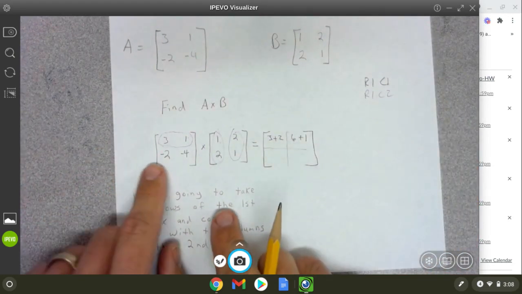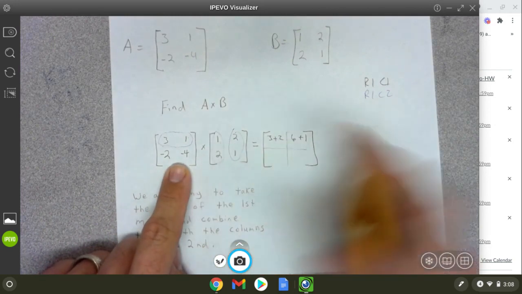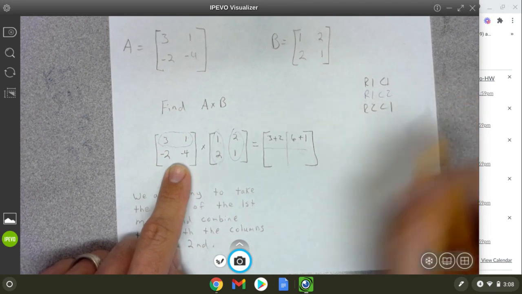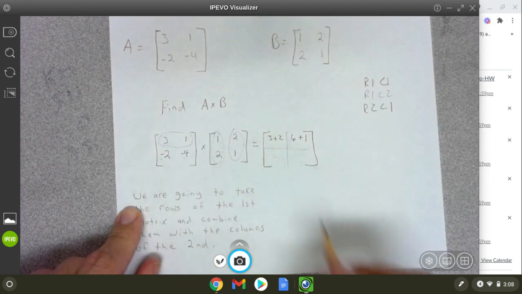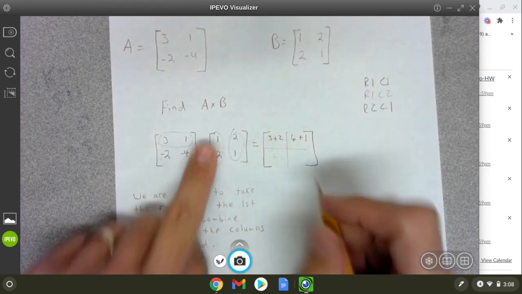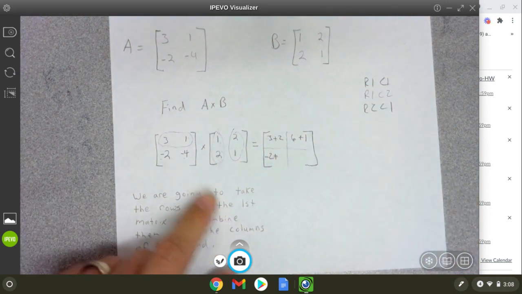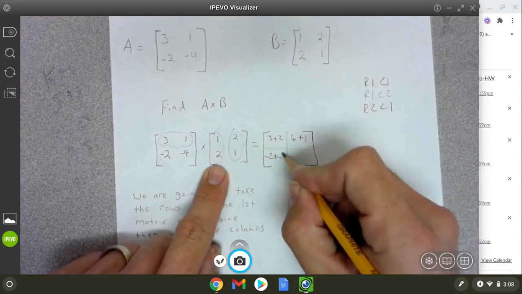And then next we'll do the second row times the first column. This is going to give us row 2, column 1, so this position right here. Negative 2 times 1 is negative 2, plus, it's always addition here, negative 4 times 2, so negative 8.